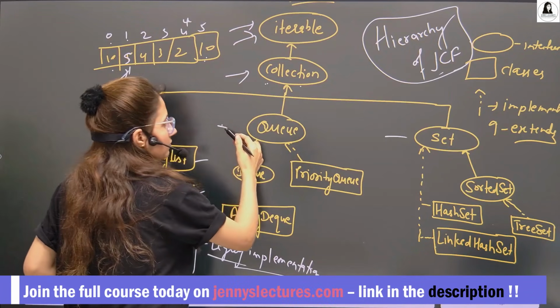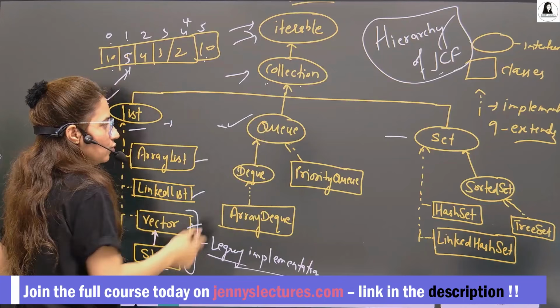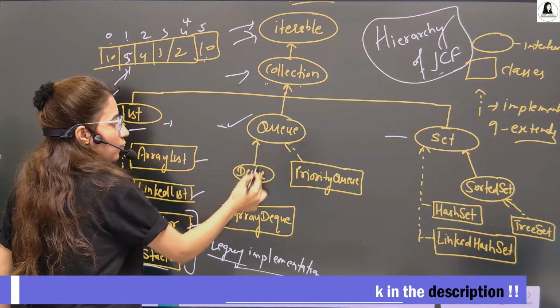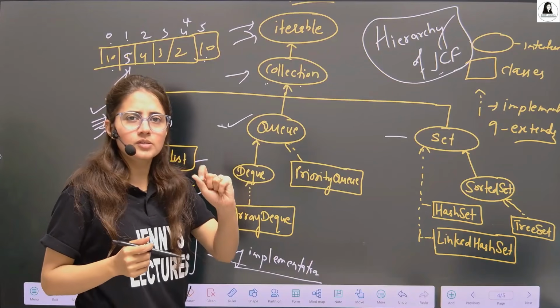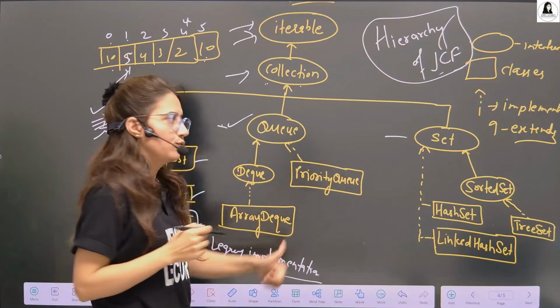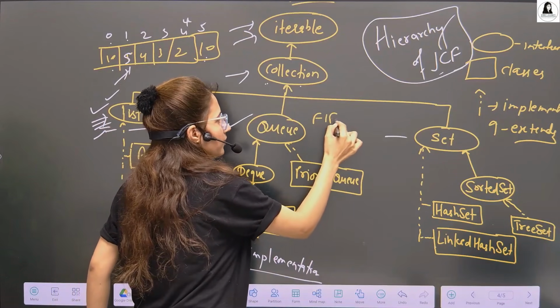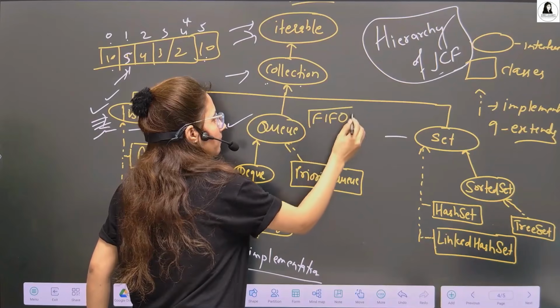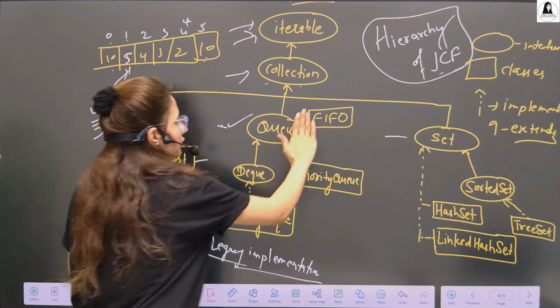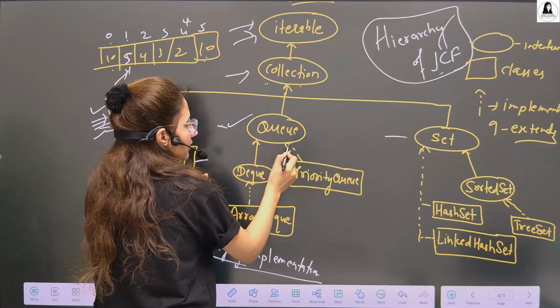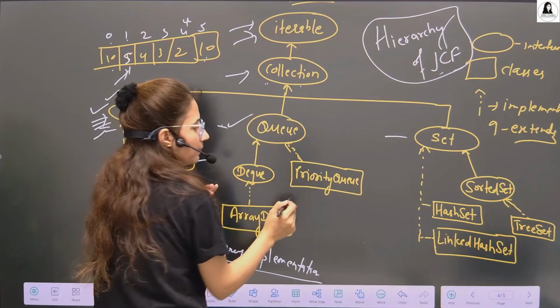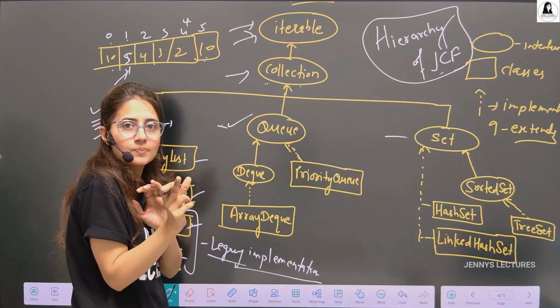Next, we have Queue. Under Queue, we have one more interface, Deque. The principle of a queue is first in, first out, FIFO. This Queue interface is implemented by PriorityQueue, which is a class.